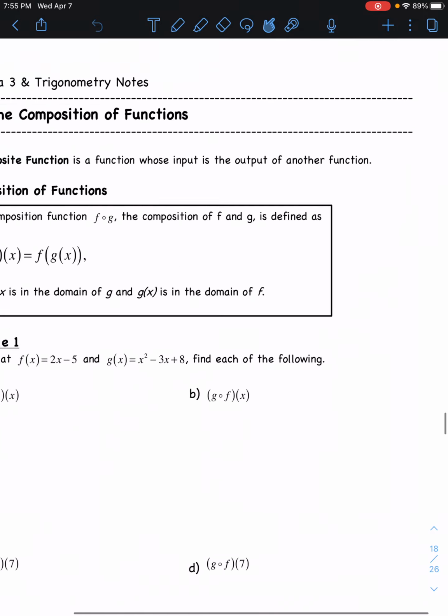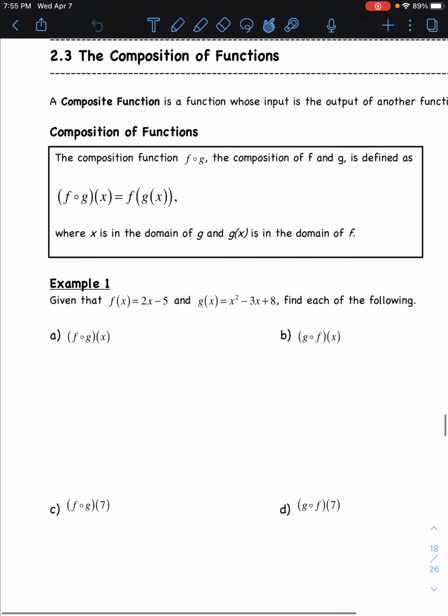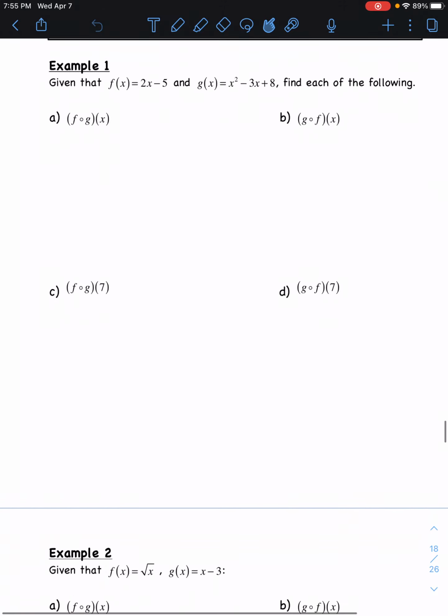Now, again, this is section 2.3. I am going to break this up into 2 days, or 2 parts here. So let's take a look at example 1. Given that f of x is 2x minus 5 and g of x is the trinomial showing, find each of the following. So we got 4 separate problems here, A, B, C, and D. I want you to notice something.